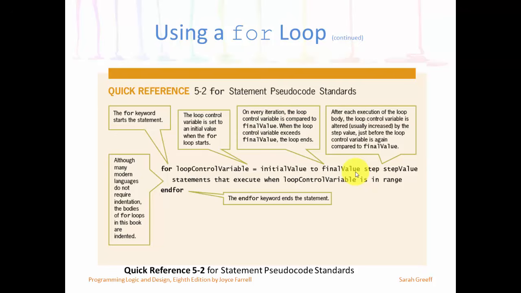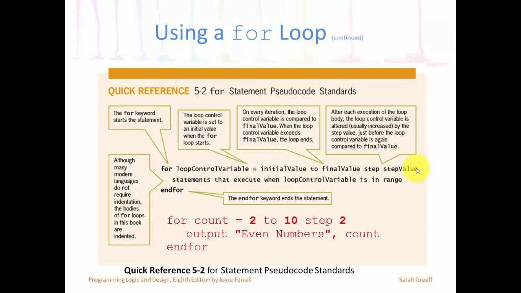To what value will you repeat? So always make sure that you count from your initial value to your final value, so that if it is 4 iterations, then your range should be 0 to 3 or 1 to 5. Then your step value will be what you are increasing by. In this case, you increase by 1, so it's going to be 0, 1, 2, 3, 4. You can also make it all even numbers, so it will be increased by 2. So 2, 4, 6, 8, 10.